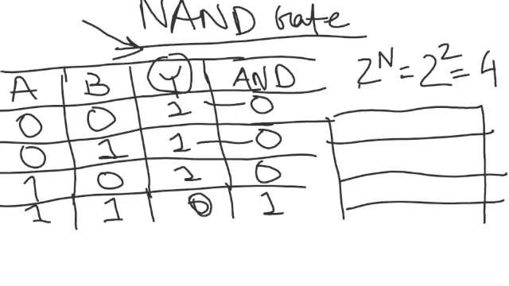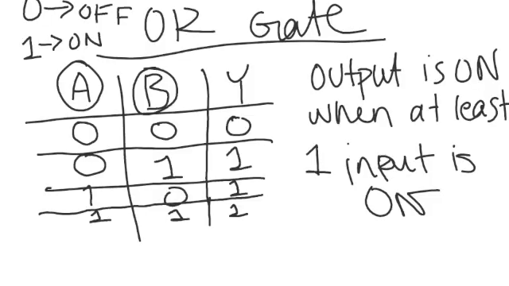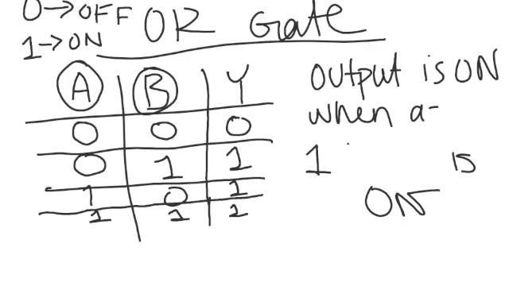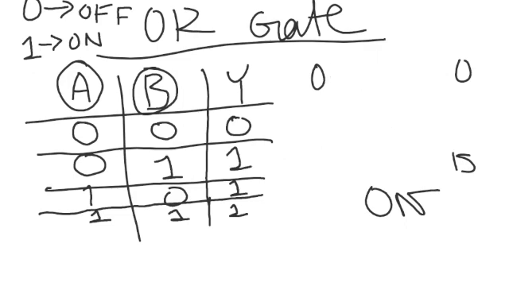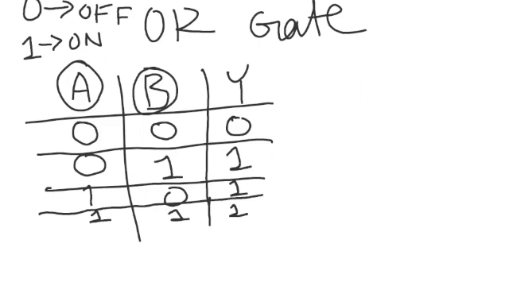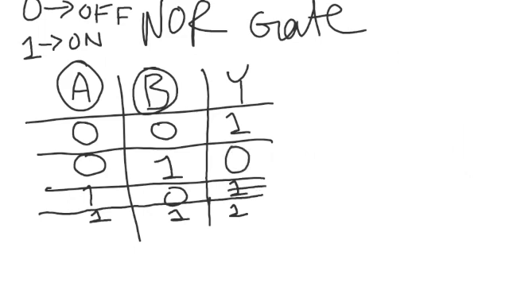For the NOR gate, the NOR gate is the opposite of the OR gate. So this is the OR gate. The NOR gate is the opposite, so as this is 0, it's going to be 1 for the NOR gate. This one is 1, it is 0, opposite.